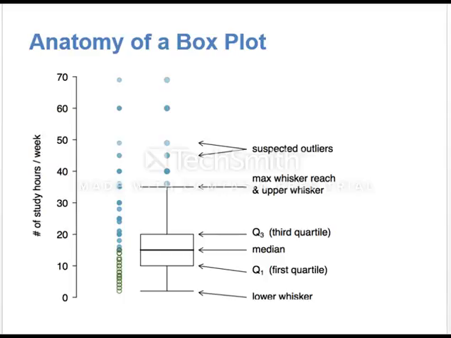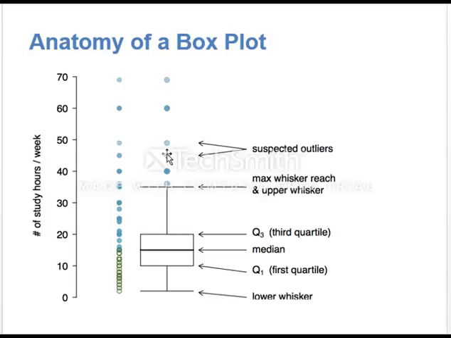The components of the box plot are the following. Okay, we have that box which begins and ends at the first and third quartile. The median's in the center. The lower whisker and upper whisker tell you where we expect to see observations.